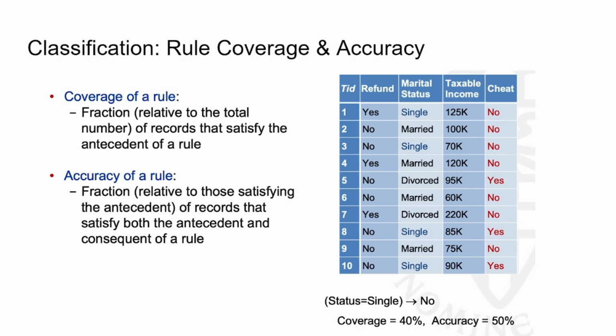If this person is single, the chance that they would not cheat is 50%, because the share of people that are single and actually cheat is 50%. So it's conditional.